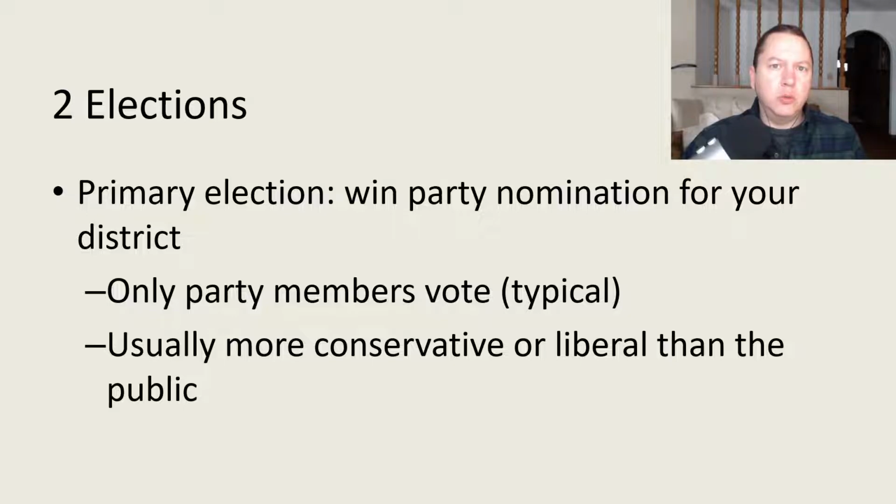Usually the Republican primary election has voters who are more conservative than the general public. Likewise, in the Democratic primary, you have voters who are more liberal than the general public.